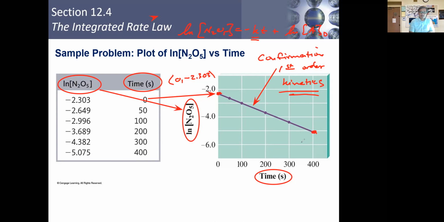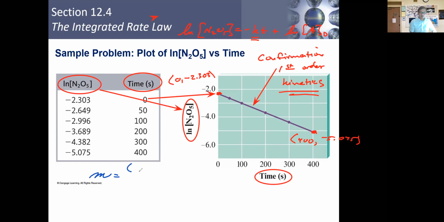Okay, so the coordinates down here are going to be 400 seconds and negative 5.075. Okay, and using those 2 points, all we have to do is find the slope of this line. So let's go ahead and find the slope of this line. It's going to be y over x.